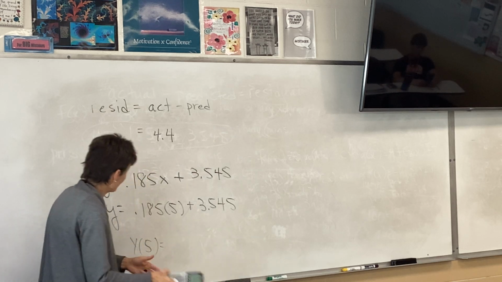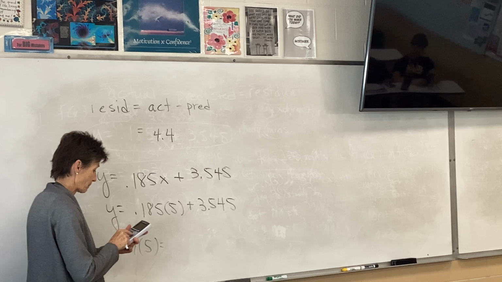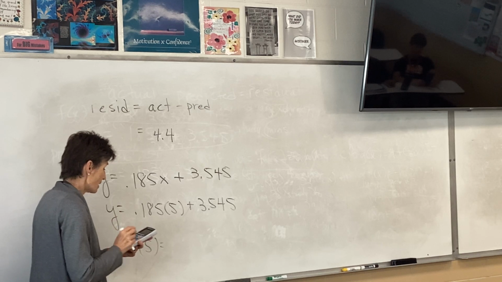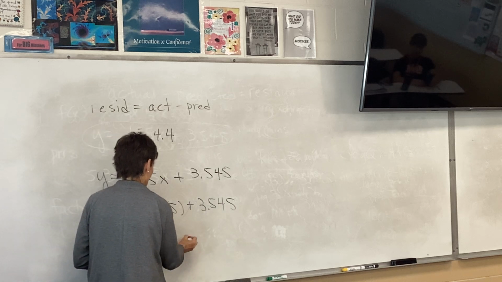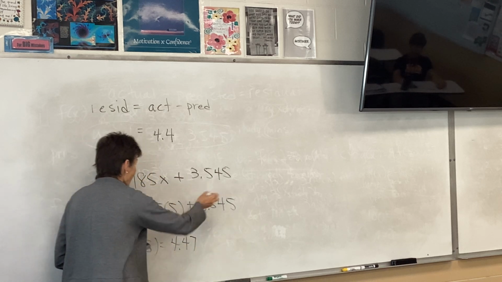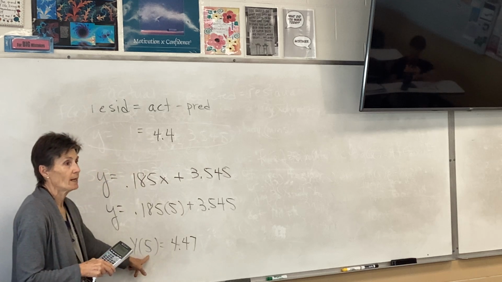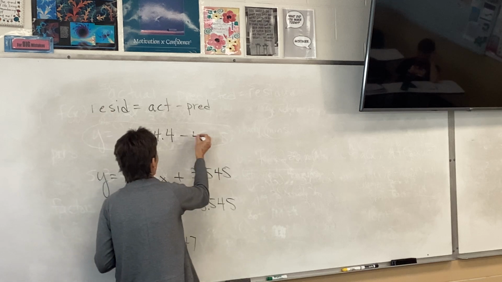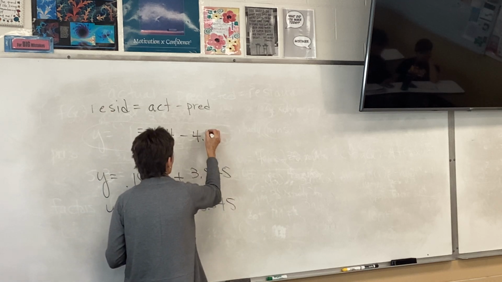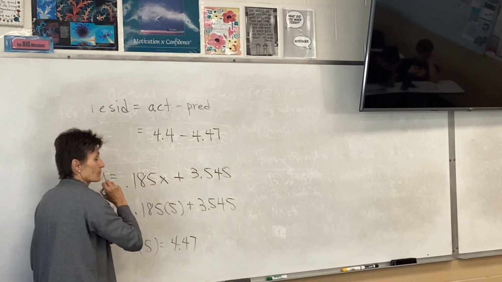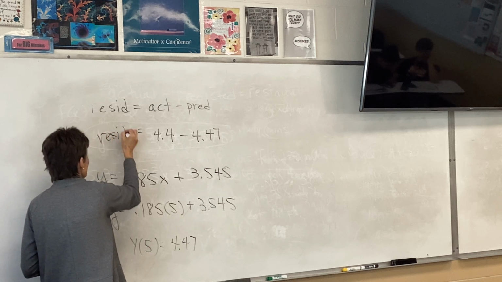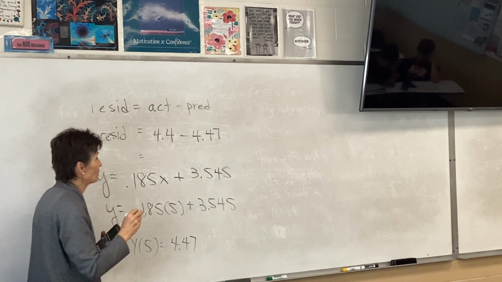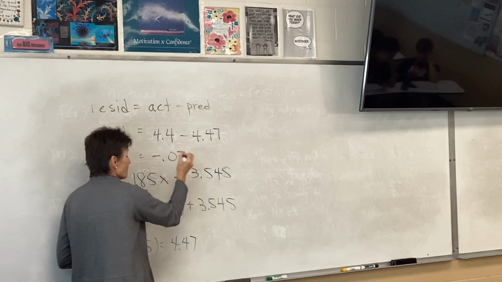Either way, I get 4.47. So that is what my model predicted. So what is the residual value for a baby 5 weeks old? Negative 0.07.